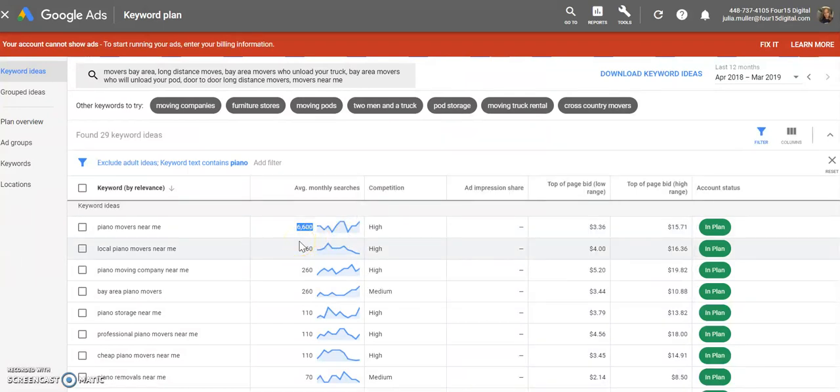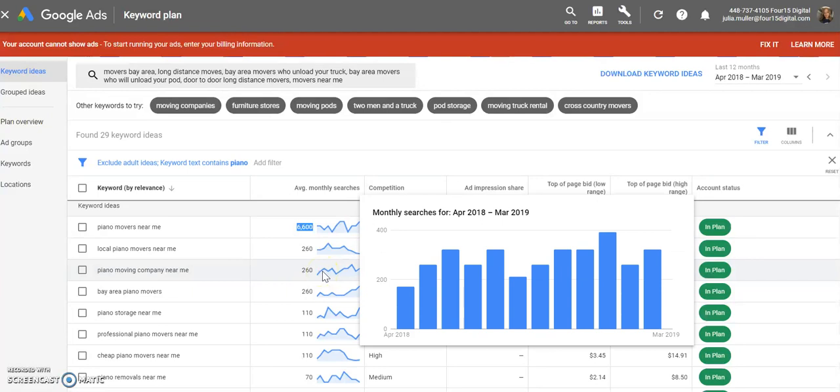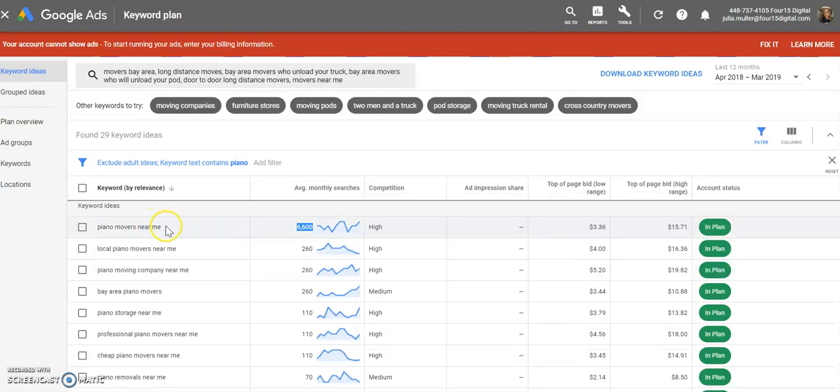I don't really sit here and expect to get 6,600 ad auctions. But I know that what this tells me is that the magnitude of piano movers near me as a keyword is a lot higher than the local piano movers near me. And I therefore know that the word local is only helping me on a smaller scale in my keyword targeting.